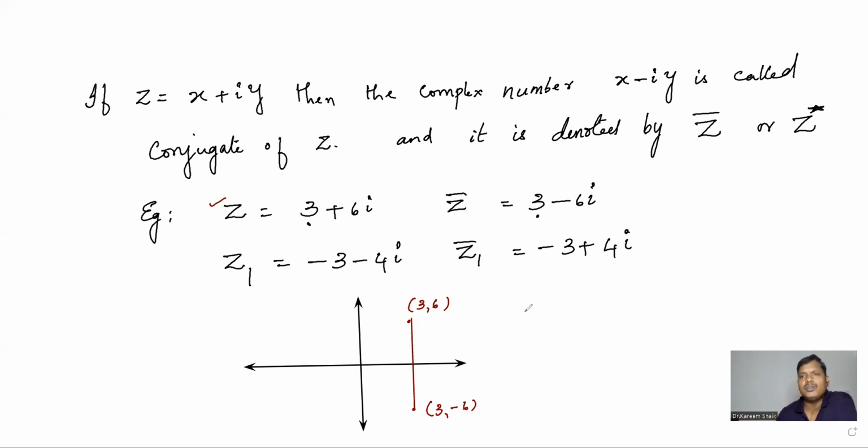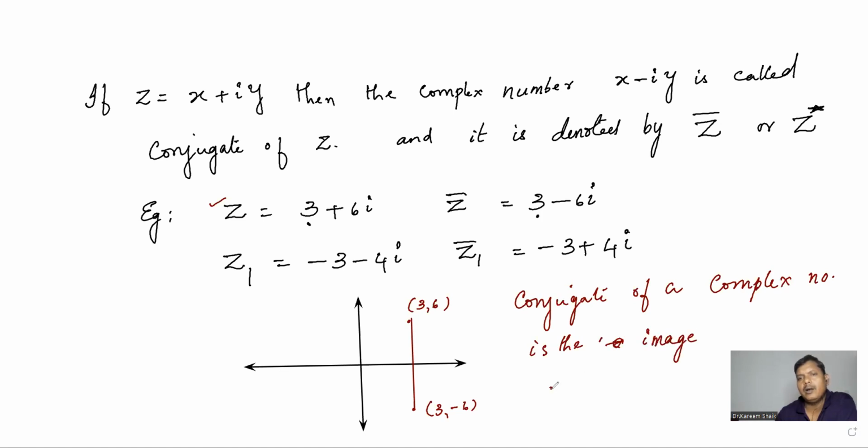The concept is: the conjugate of a complex number is the image of that with respect to the x-axis. I hope it's clear.